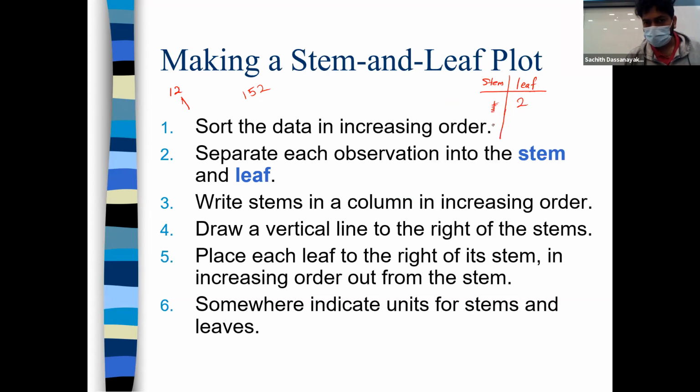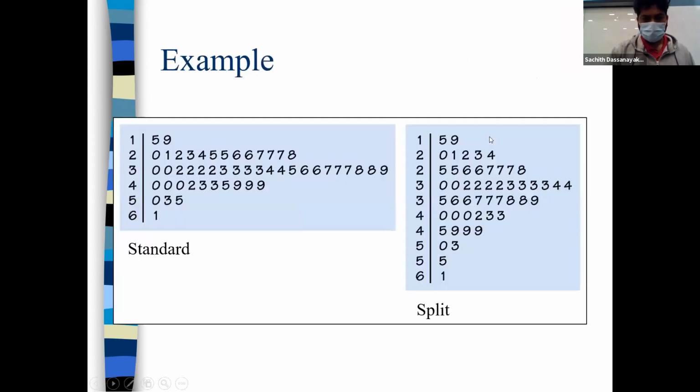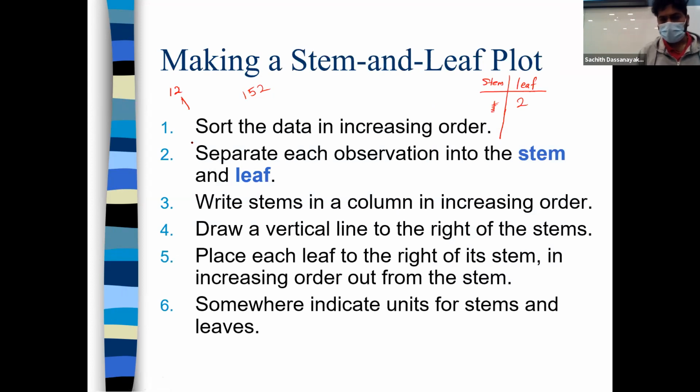So 1 and 5 go to the stem part and 2 goes to the leaf part. Those two, 12 and 152, are two separate examples, don't confuse them. If you have a two-digit number, the last digit always goes to the leaf and the first digit goes to the stem.